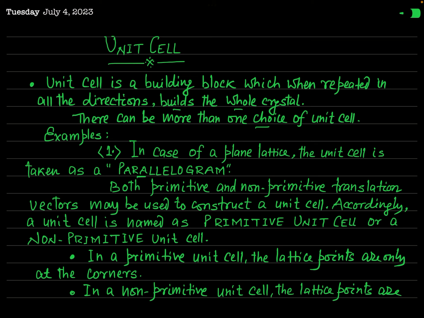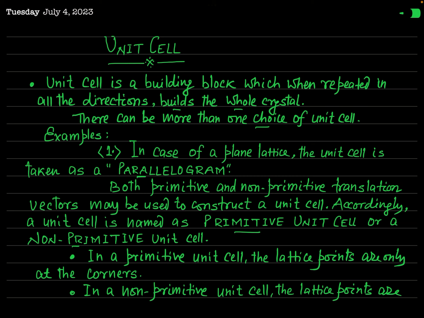Now, in selecting the unit cells, both the primitive and non-primitive translation vectors may be used to construct this unit cell. And since both primitive and non-primitive translation vectors are used to construct a unit cell, you can say that a unit cell will be of two types. The first one is called primitive unit cell and the second one is called non-primitive.